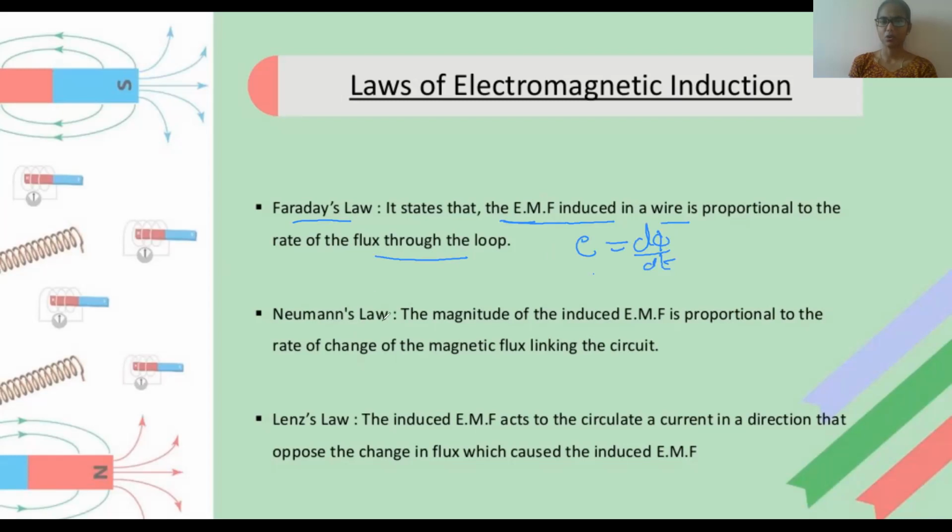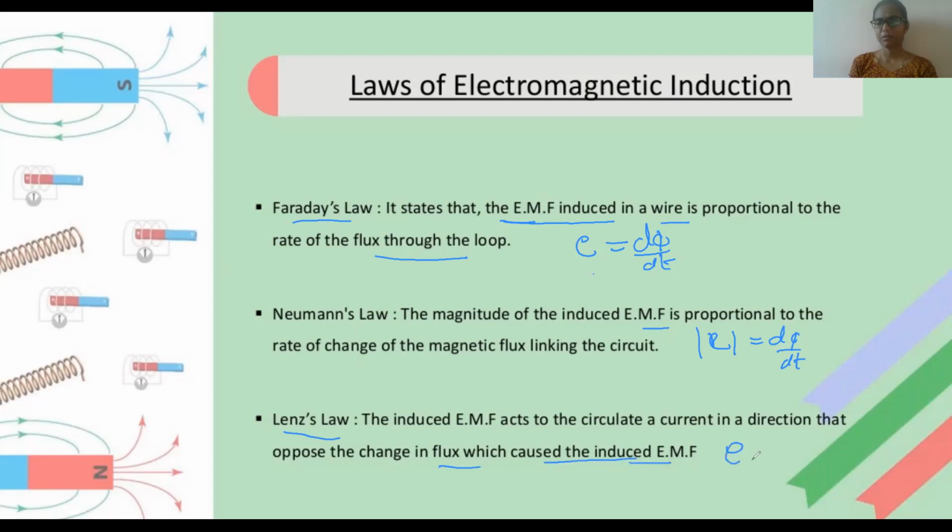And the second, Neumann's law, means the magnitude of induced EMF is proportional to the rate of change of magnetic flux linking the coil. It is equal to the rate of change of flux linking the coil. And Lenz's law: the induced EMF acts to drive the current in a direction that opposes the change in flux that causes the induction.